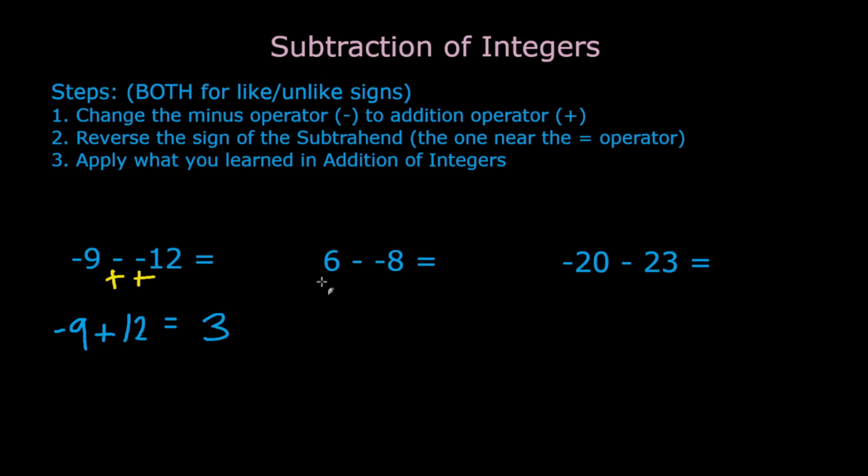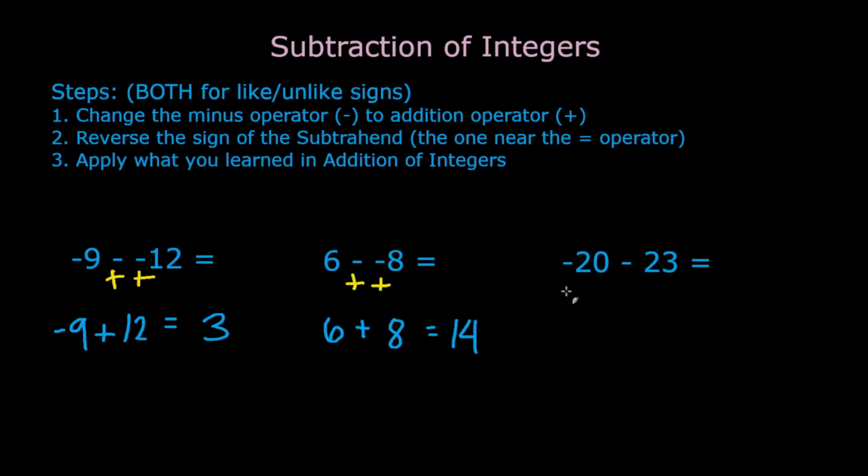Dito naman, 6 minus negative 8. So, change the minus operator to addition operator. Reverse the sign of the subtrahend, magiging positive. And then, rewrite, 6 plus 8 is just equal to positive 14.